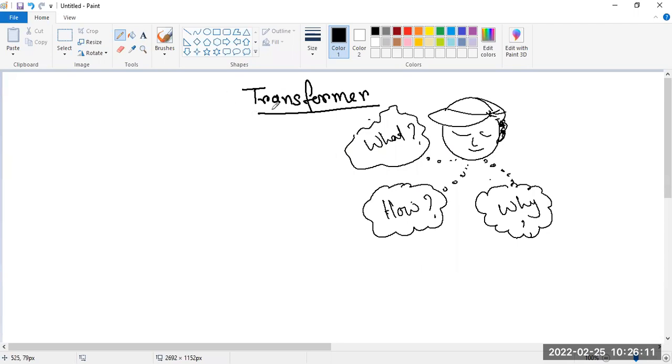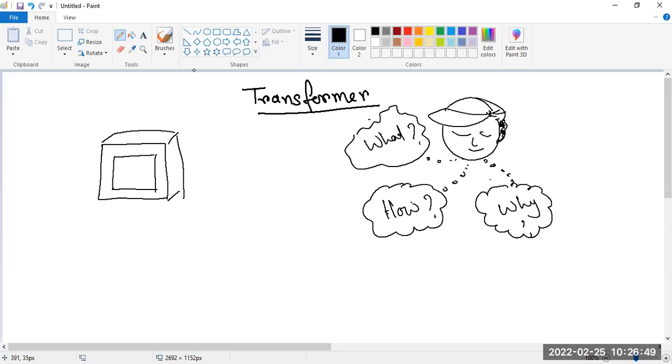Transformer, from this word, we can realize that it means something is transformed. That's why this is called transformer. What is this? Which thing is this transformer? So transformer is a device that transforms electrical energy into another form of electrical energy, but in different voltage.